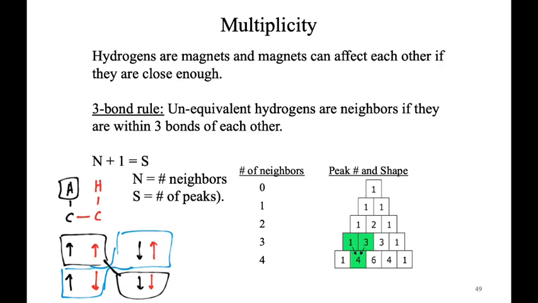Each of those peaks has two possible sets within it, so each peak is of equal intensity. If I have one neighbor, I get two peaks. There's the boxes. Each of those peaks has the same intensity.